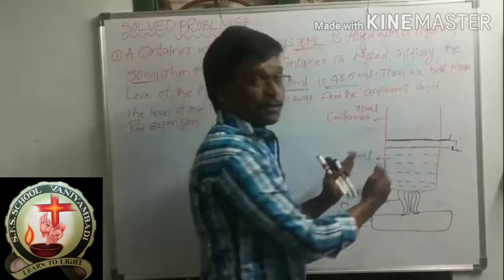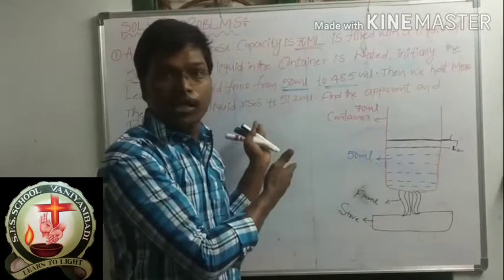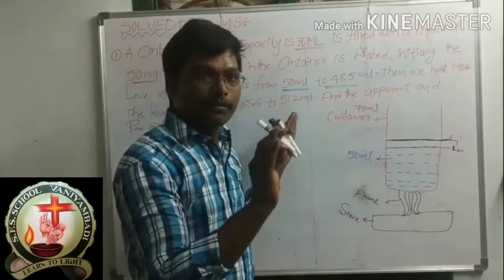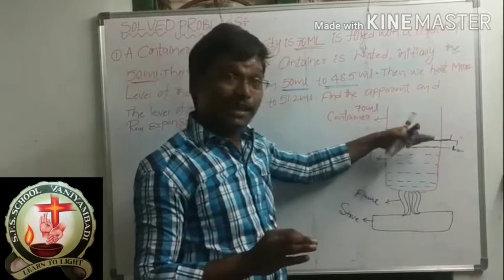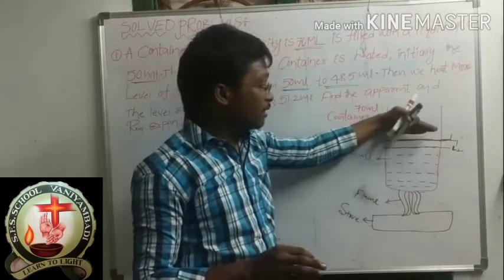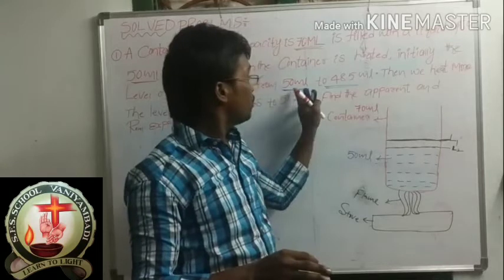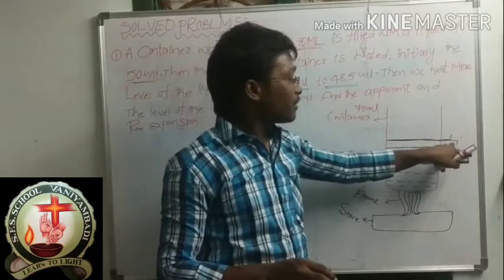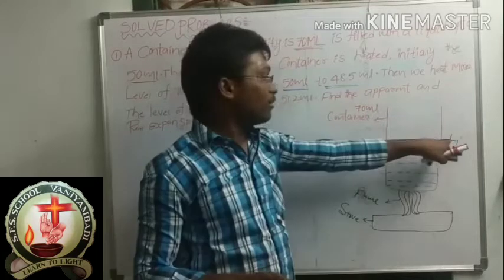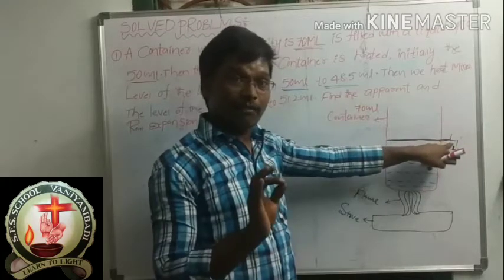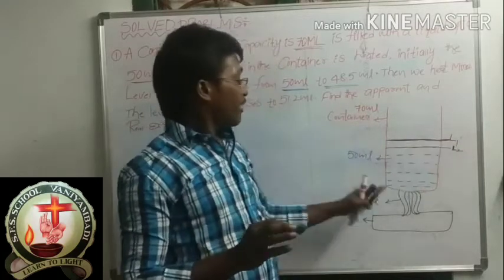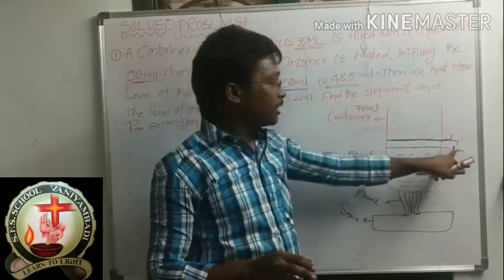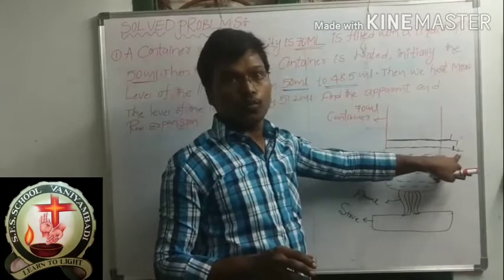It is not mentioned in the question, so there is no need for that. Initially 50 ml is L1, the initial level. When we apply heat, it reduces from 50 to 48.5, so that 48.5 is L2.